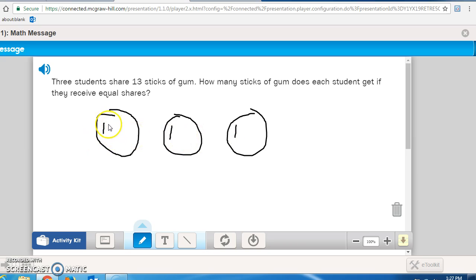Oh, I can give them another one. 4, 5, 6, 7, 8, 9, 10, 11, 12. Oh, well, I can't give them all another one, so I'm going to have 1 left over. So what is my answer? Well, all 3 students will each get 4 sticks of gum.